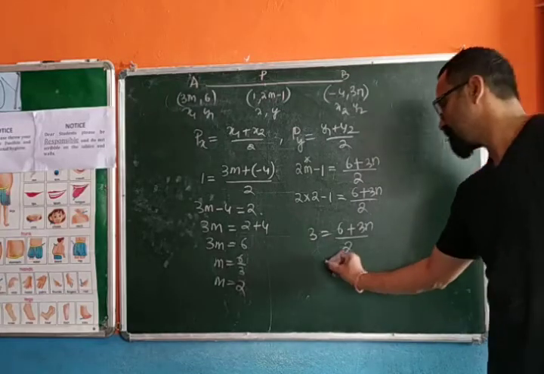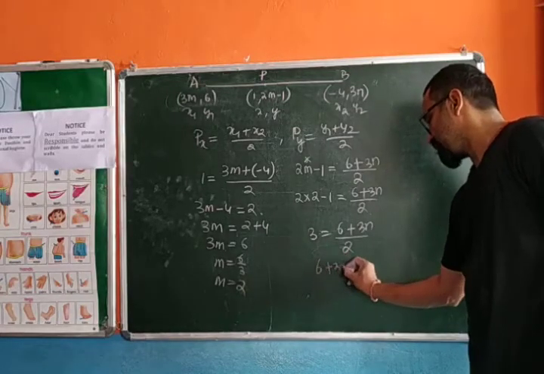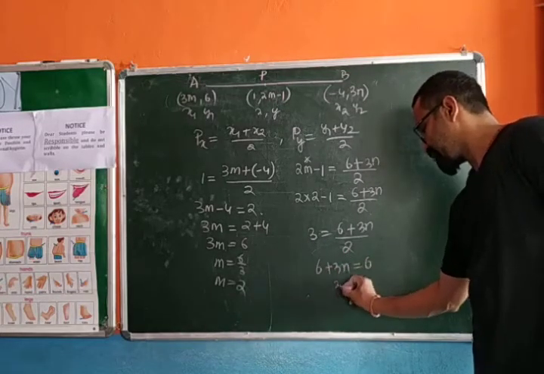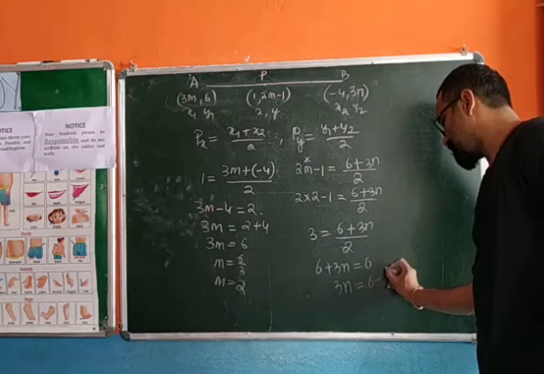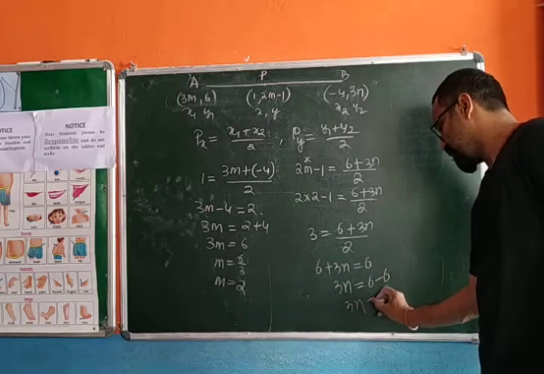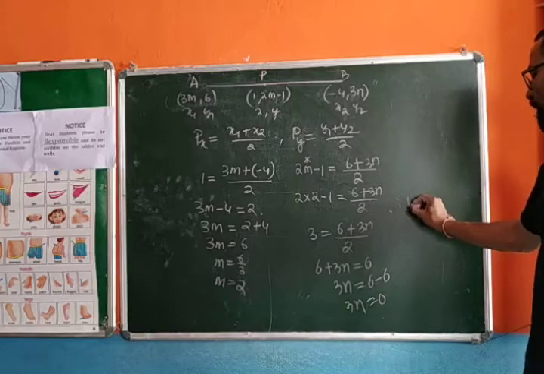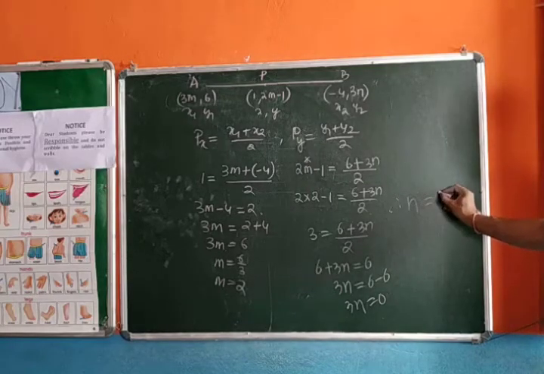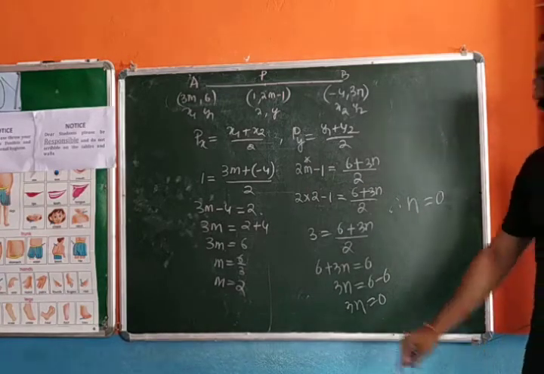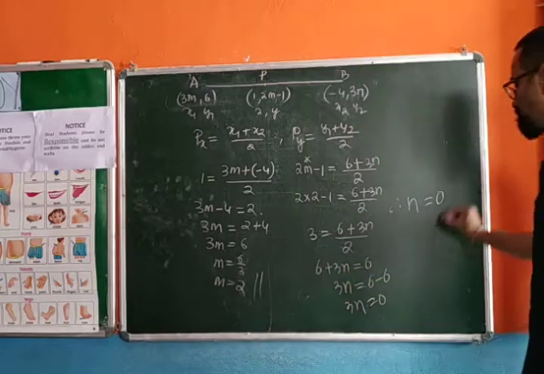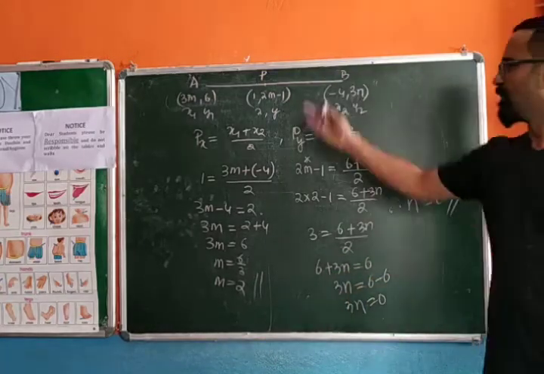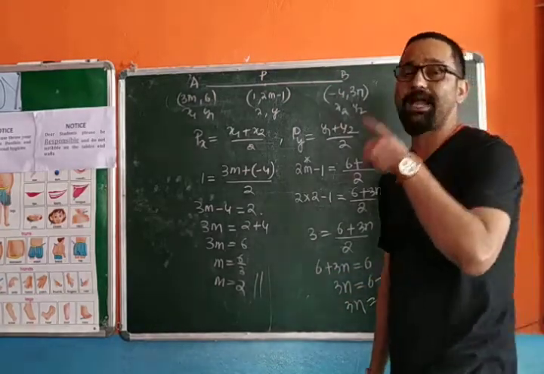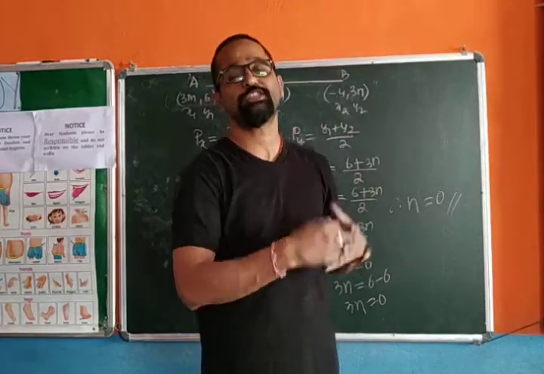Cross multiply. 6 plus 3n is equal to 6. 3n equals 6 minus 6. 3n equals 0. Therefore, n equals 0 divides by 3 is 0. We know the values of m and n. You have a similar question in the example. You can do it yourself.